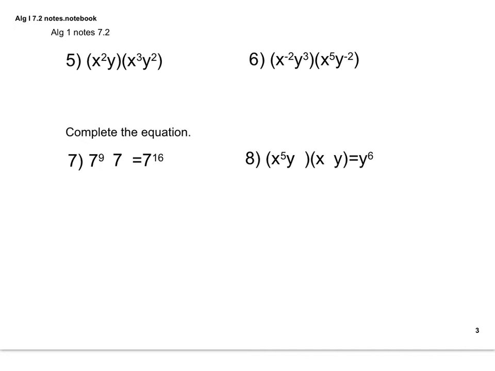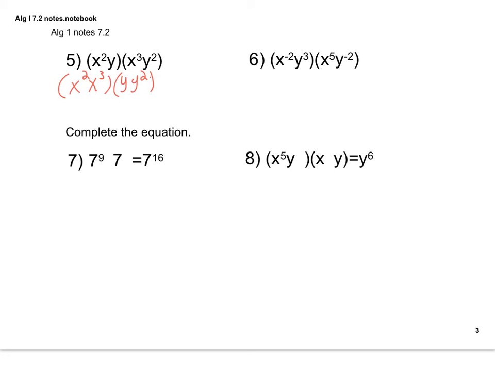All right, for number 5, folks, when we do this one, I can break this one up a little differently than the way that they have this broken up. I can actually break this up into x squared times x to the 3rd times y times y squared.